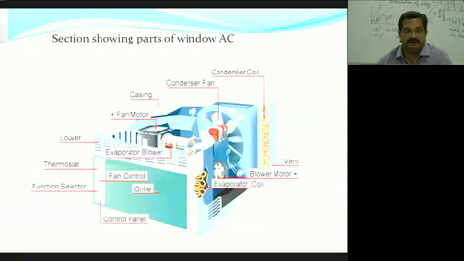And this green part which is showing the grill, this is for return air, and above this you can see a fan, blower fan is shown in the section, evaporator blower. So this will blow the air inside the space, which is connected to the fan motor.